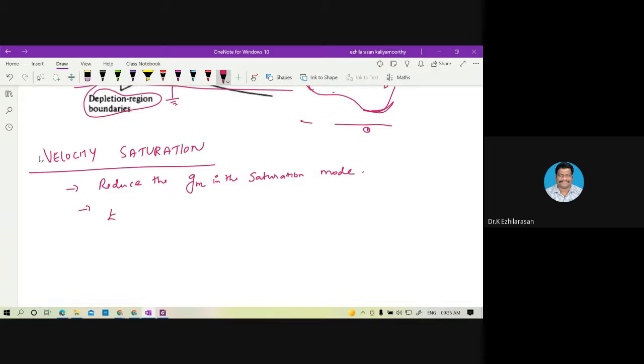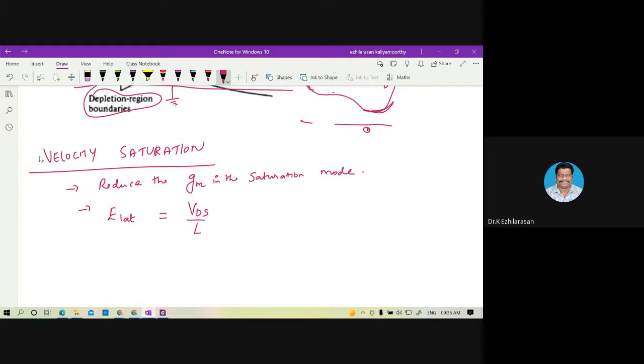E lateral is equal to VDS by L, where VDS is the voltage across the drain to source divided by the channel length. That is the X-axis only. This is the X-axis.